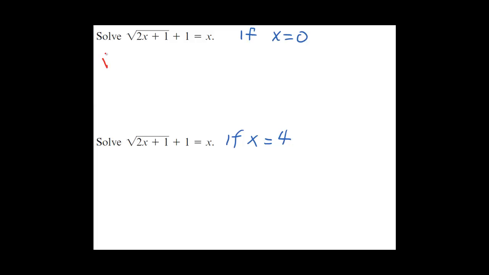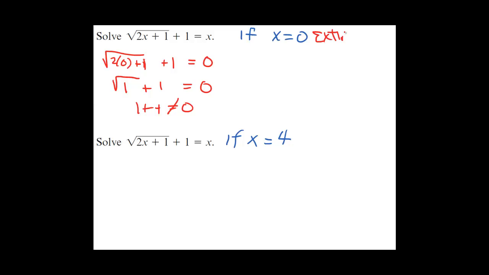So let's see. The square root of 2 times 0 plus 1 equals 0. So the square root of 1 plus 1 equals 0. 1 plus 1 does not equal 0. So that's an extraneous one.